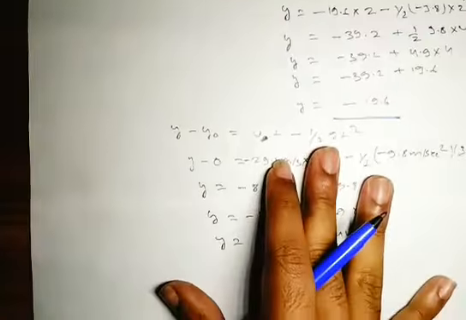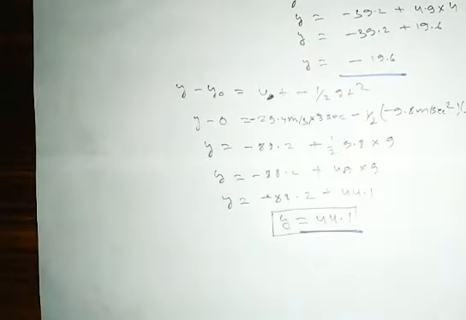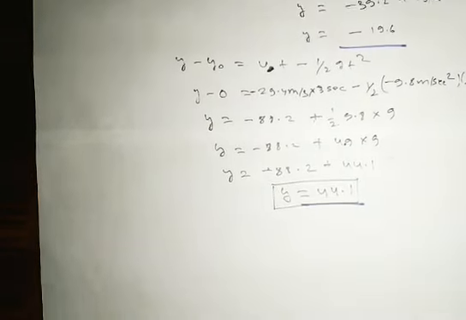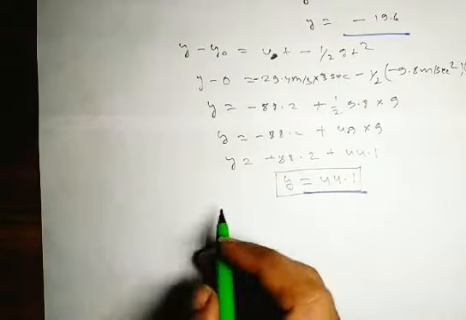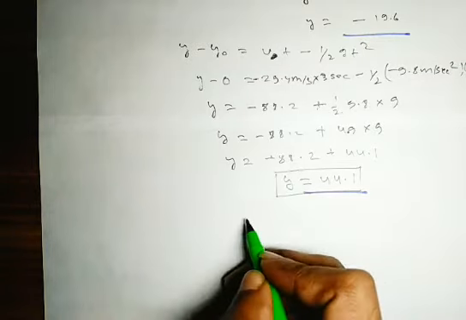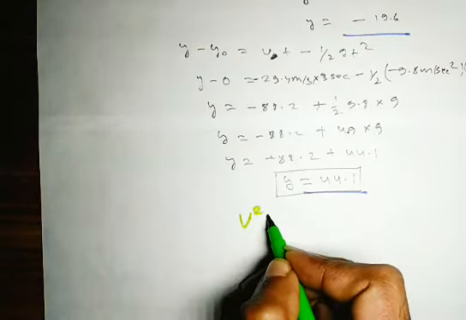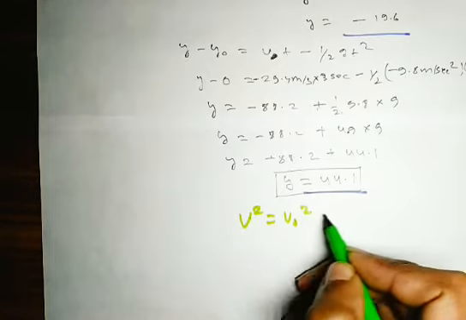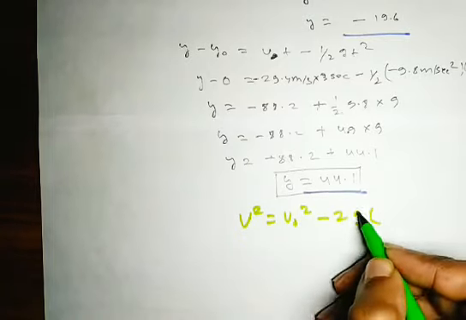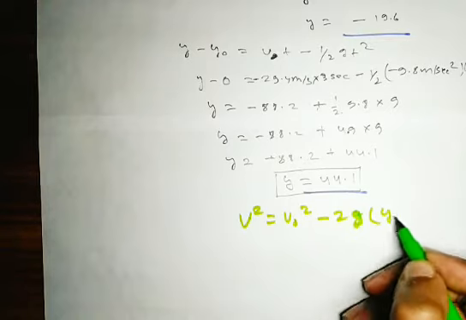If you want to find the velocity when you have time, distance, and acceleration, then we are going to use the formula v square is equal to v naught square minus 2g into y minus y naught.